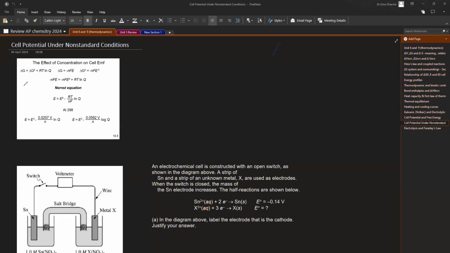Under standard condition, you are going to call it E-node cell, right? Under standard conditions. And E-node cell you're calculating by using E-node cathode minus E-node anode, if reduction potentials are given.